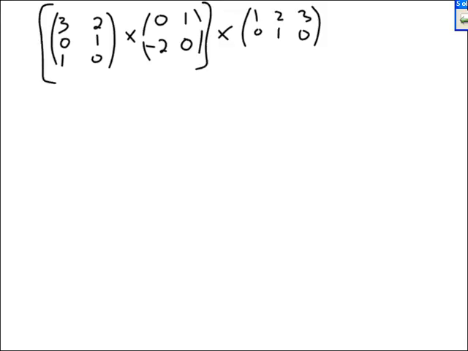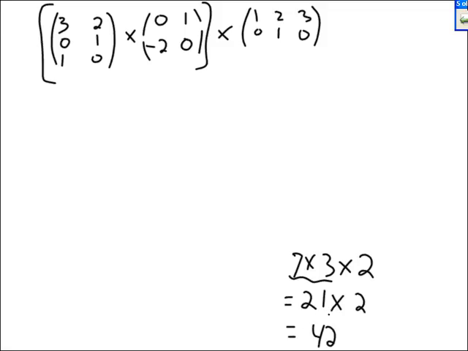And just like when you have 7 times 3 times 2, you can multiply the first two numbers, and whatever answer you get, you multiply it by the next number, and you get your result. Same thing up here. We're going to multiply the first two matrices, and whatever answer we get, we multiply it with the third.